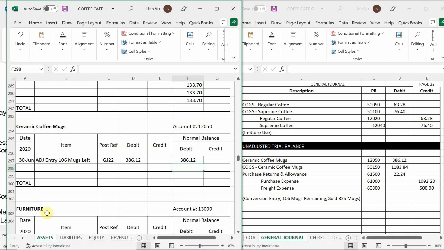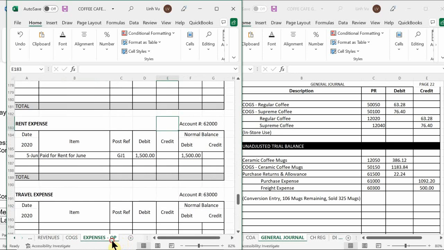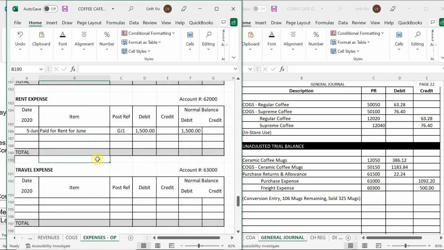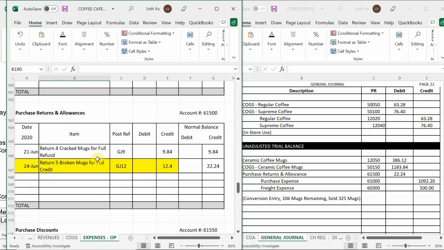Then we've got to deal with our purchase returns and allowances. So you're going to go to your expenses. So here we are, purchase returns and allowance. Okay.